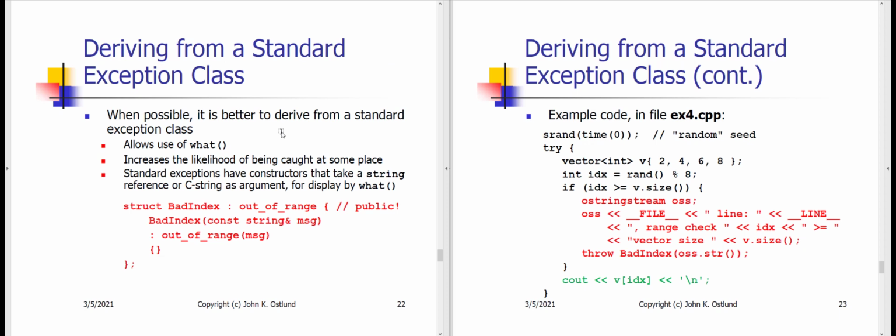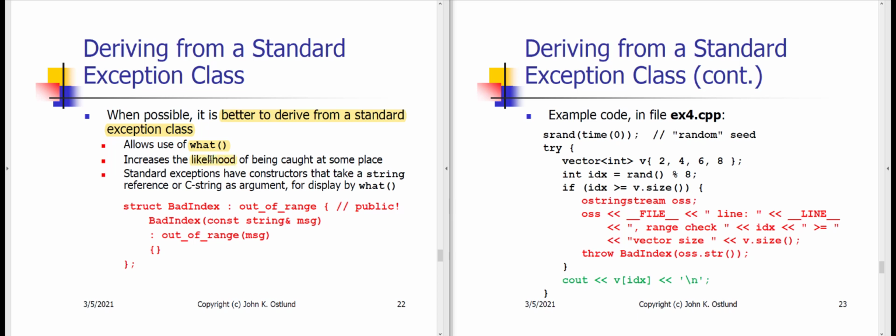Now, when you can, rather than just creating an exception class from scratch, it's a better idea to derive an exception class from a standard exception class. That allows you, for example, to use the what function that is part of the standard exception class hierarchy.